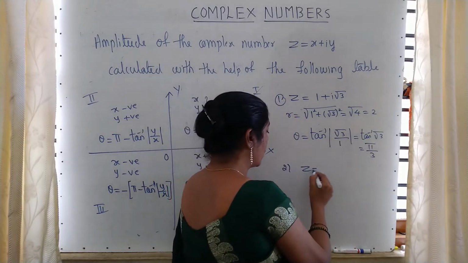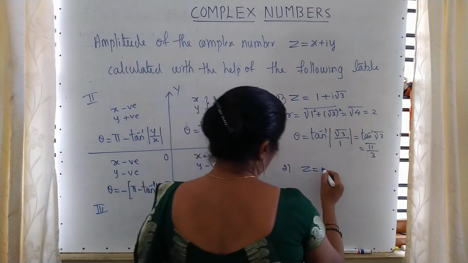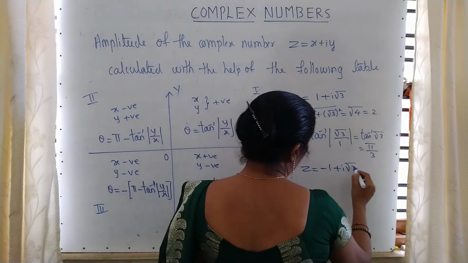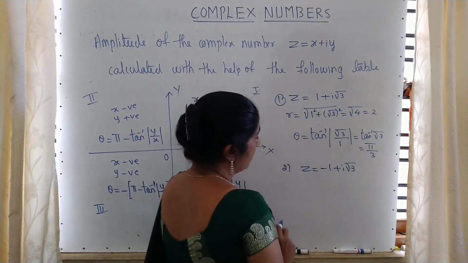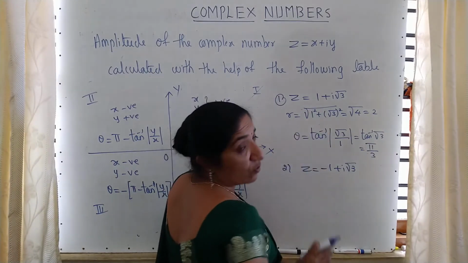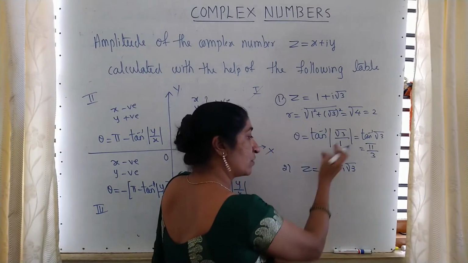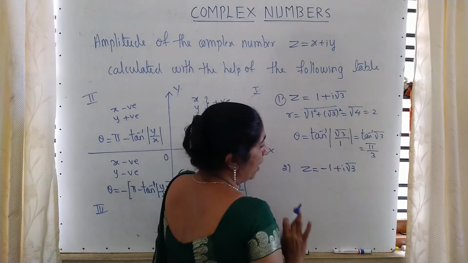Second one, I am moving to z is equal to, here x is negative, minus 1 plus i root 3. r is not changing because minus 1 square is also 1, and root 3 square is 3. r you are getting the same.